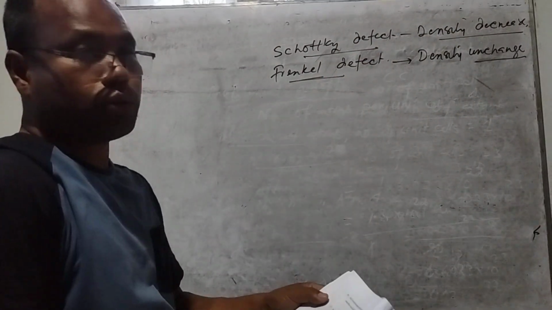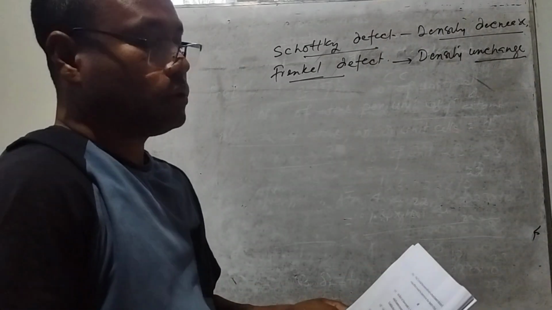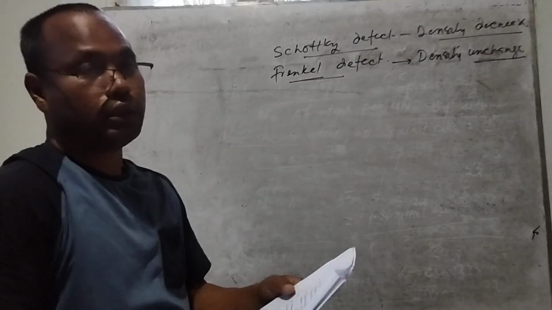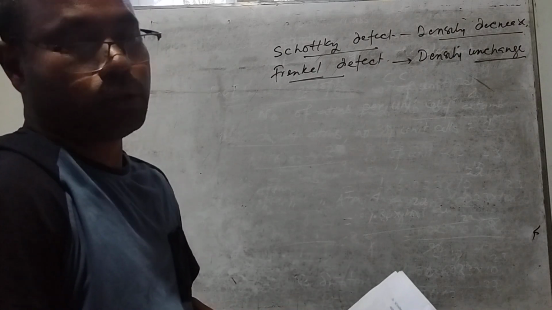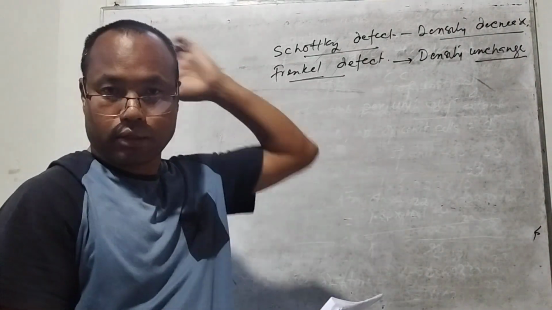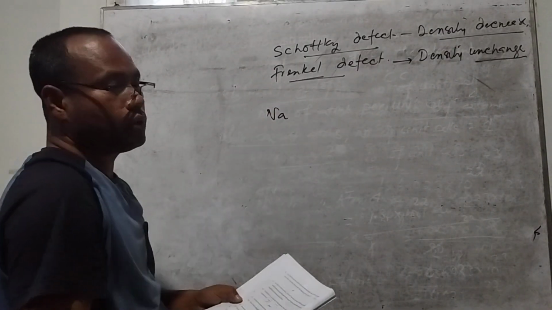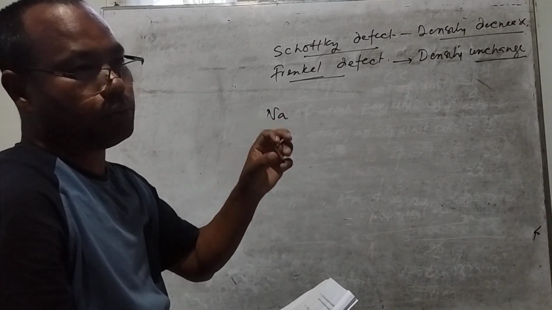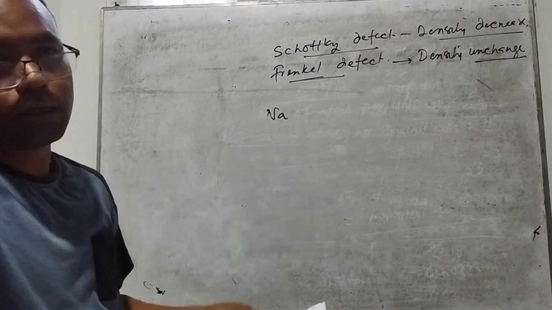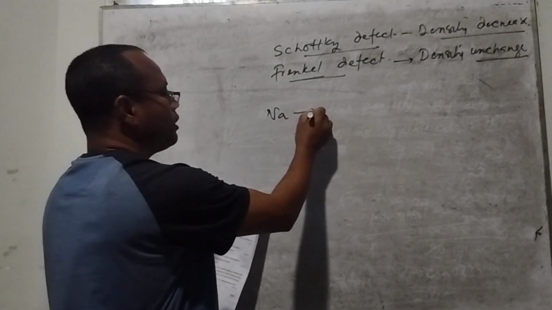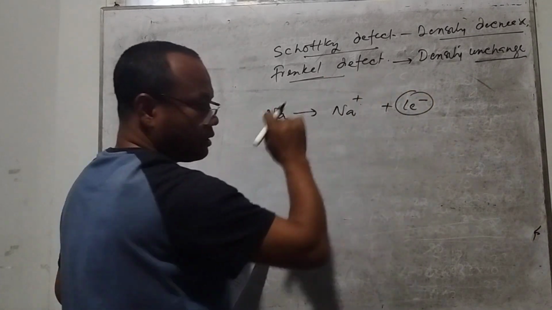But related to this question, sodium vapors, okay. When sodium chloride is heated with the sodium vapor, the sodium vapor diffuses on the surface of the sodium chloride. That sodium metal combines with chloride ions that have diffused to the surface of the crystal, and the sodium changes into a sodium ion and an electron.